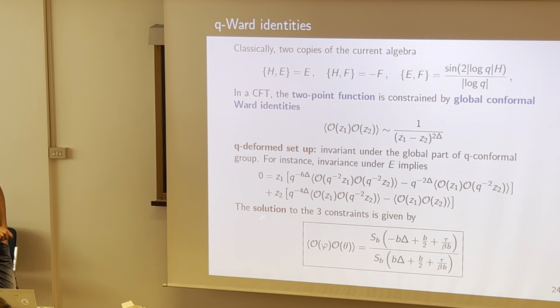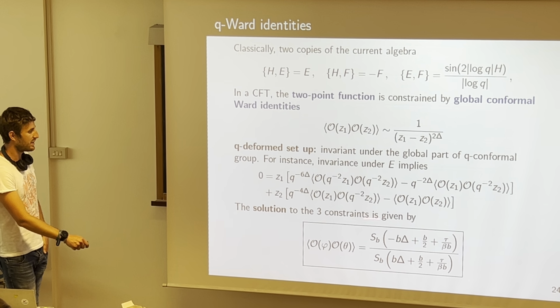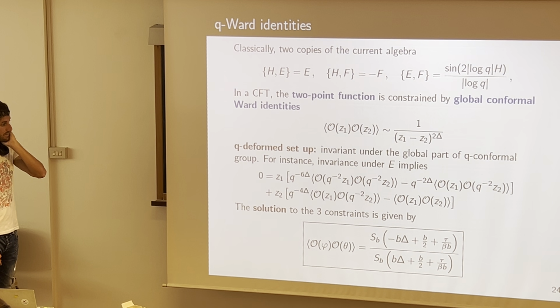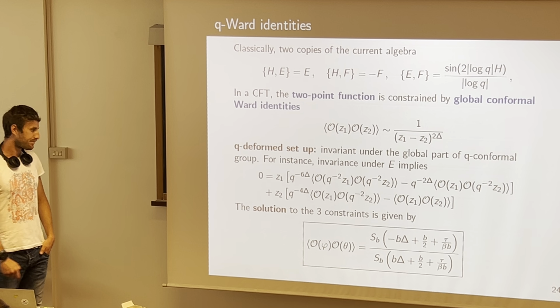The solution takes this form, where tau is the difference between the positions of the insertions of the 2 operators, and these special functions are the double sine functions. You can show that this satisfies simultaneously all the 3 Q-deformed Ward identities.